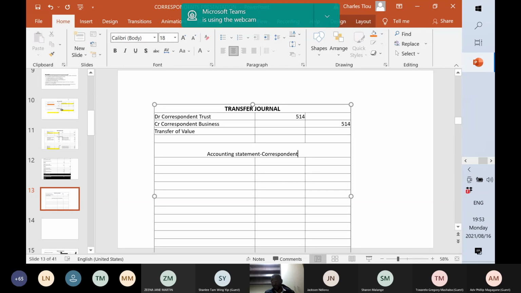Just do a column of that nature, and I'll show you just now how you record an accounting statement.